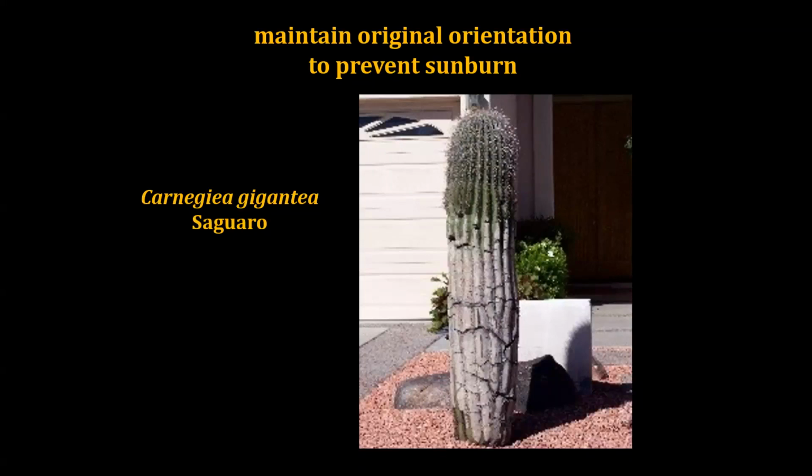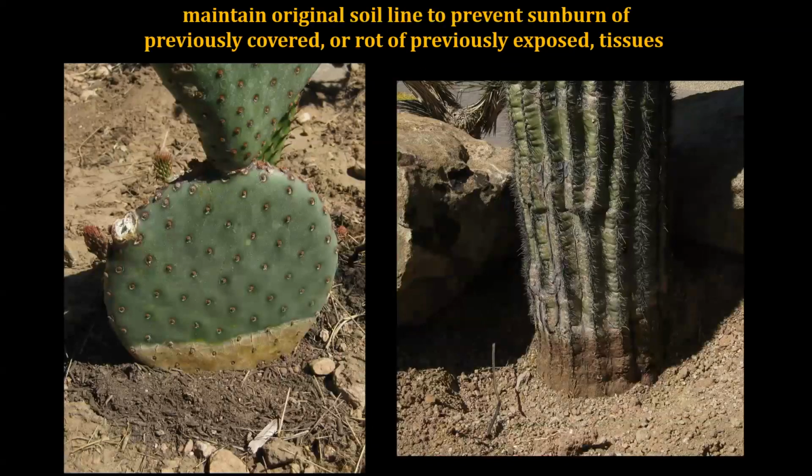And so those tissues that were growing on the east side, if we suddenly move them to the west side or south side where they'd be getting more intense sun, the tissue will have a tendency to burn. And as I gave the examples before, that was permanent damage on those poor plants.